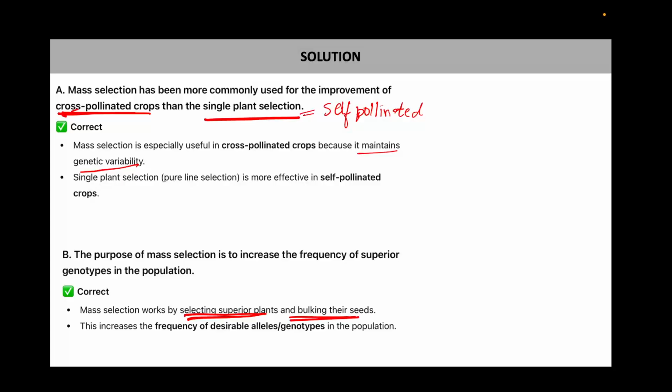This also increases the frequency of desirable alleles or genotypes in the population. Although the selection is not based on genotype, once we keep selecting plants with better phenotypes, they will also have better genotypes. So the statement is correct.